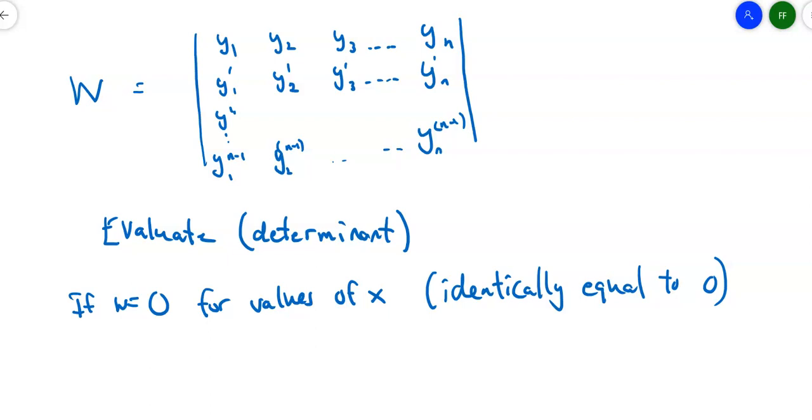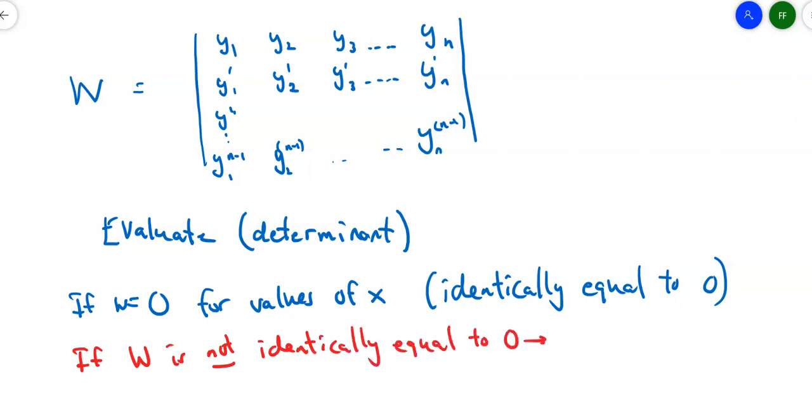So what does this do for us? Well, here's the rule. If the Wronskian is not identically equal to 0, then all those functions you started with are linearly independent. So if the Wronskian is not identically equal to 0, then the y sub n's are linearly independent.